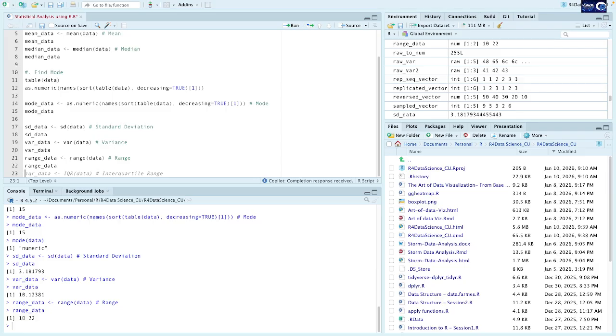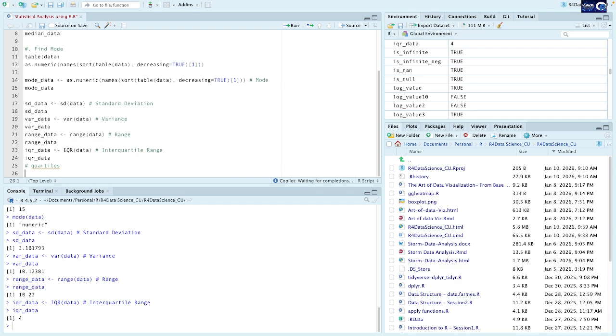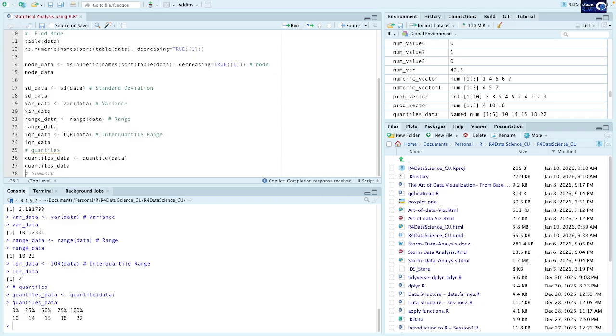Then we have the interquartile range. For that we will be using the IQR function, which will give you the interquartile range, that is Q3 minus Q1. For quartiles we can use the quantile function. Quantile of the data will give you the minimum value, first quartile, median value, third quartile, and maximum value.